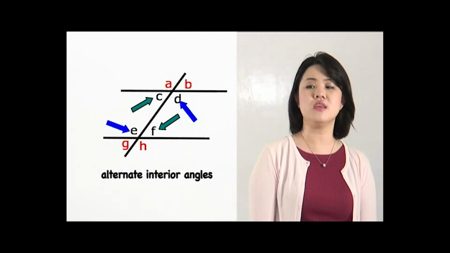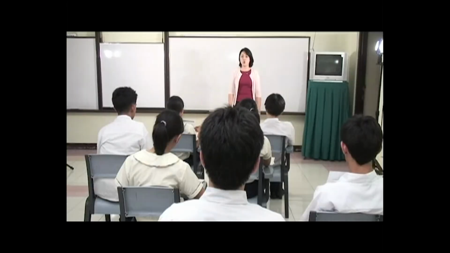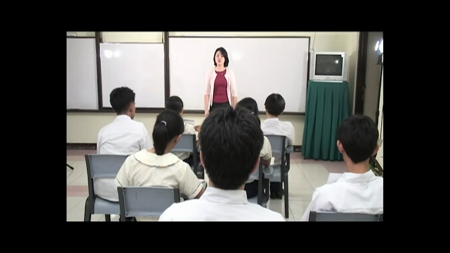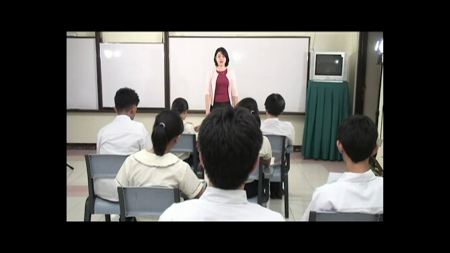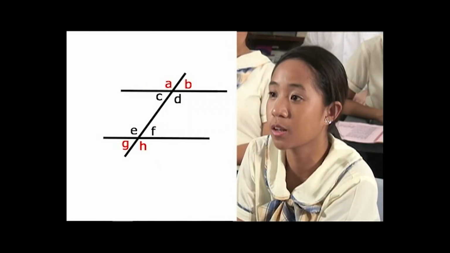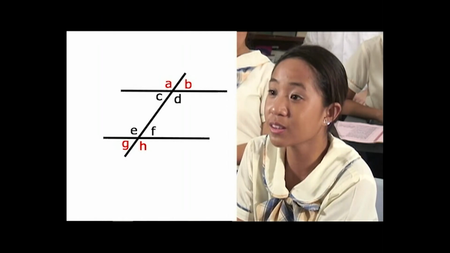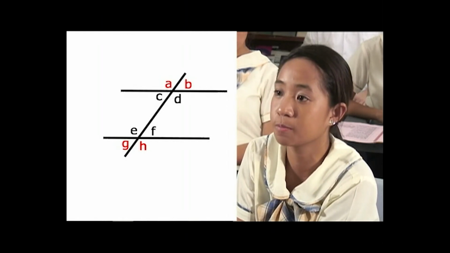What common property do these pairs of angles have? Well, they are all interior angles. What if I say that angles C and E are not alternate interior angles? Angles C and E lie on the same side of the transversal, while the angles that form alternate interior angles lie on different sides of the transversal.